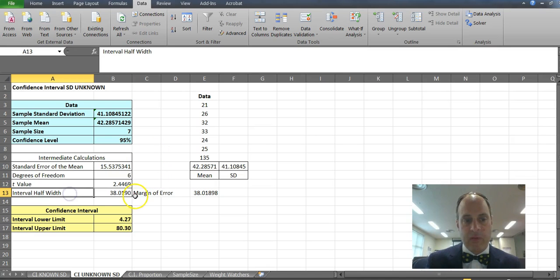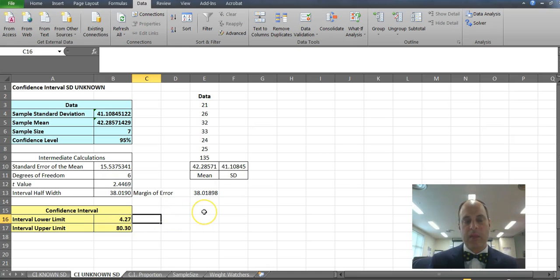This interval half width is actually the margin of error, okay, and then this is your confidence interval down here. There's always a lower limit and an upper limit. So basically what does that mean? It means that you can be confident 95 times out of 100 that your population mean is going to fall between these 2 values depending on whatever data you have here.